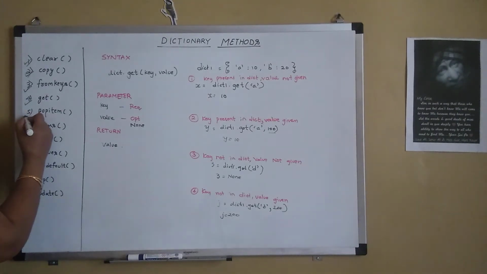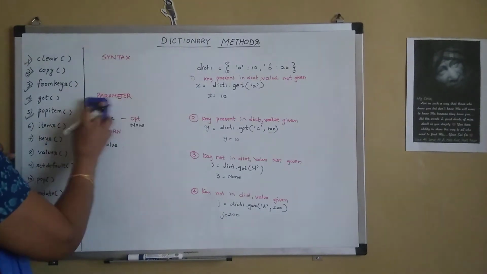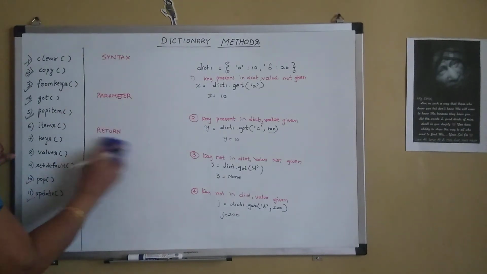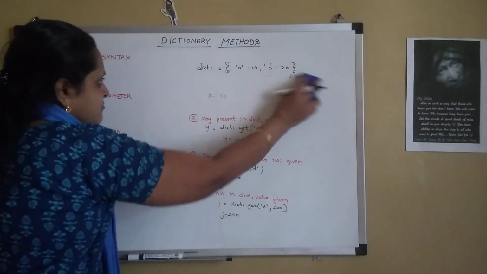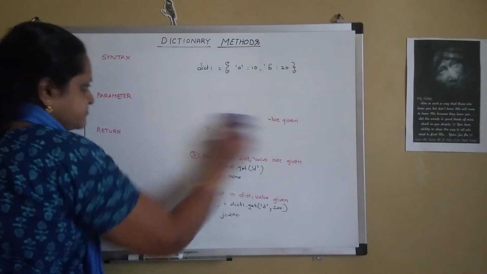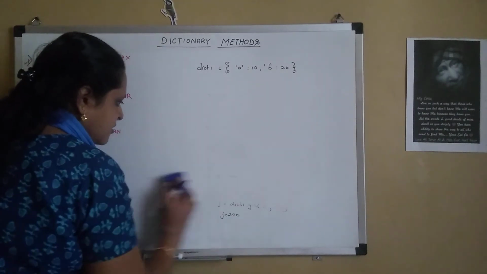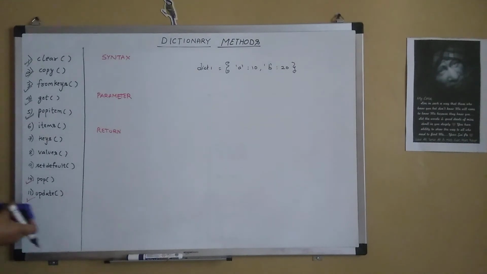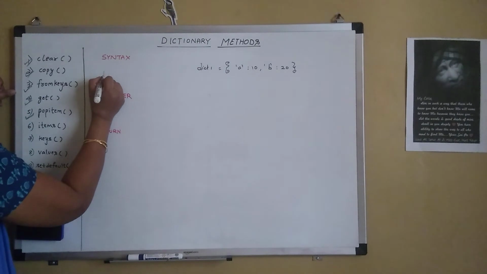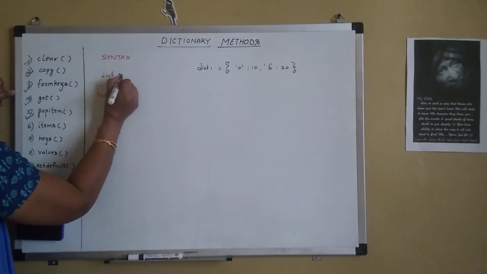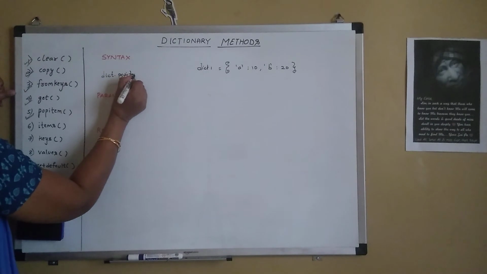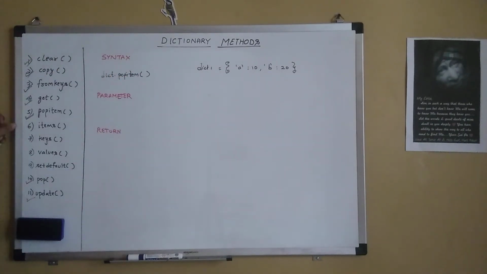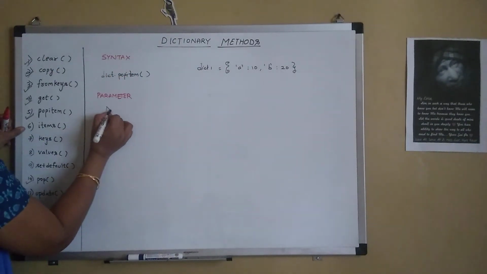Now let's go to the fifth one, which is popitem. Popitem means it is popping out an item from the dictionary. We saw the pop function deleting an item from the dictionary. So what does popitem do? The syntax is dict.popitem, and it does not take parameters.